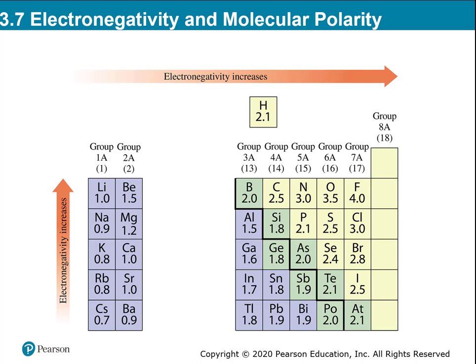So electronegativity increases as you go from left to right on the periodic table. Electronegativity also increases the smaller the atom is. So these are the 4 that have the highest electronegativity on the periodic table: nitrogen, oxygen, fluorine, and chlorine. They all have electronegativities of 3 to 4. 4 is the highest.